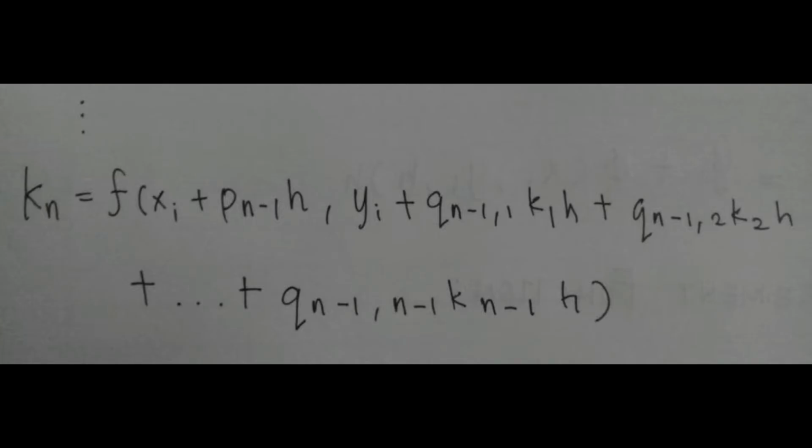Until the highest order of k, which is kn, equal to the function of x_i plus p_{n-1} times h and y_i plus q_{n-1,1} times k1 times h plus q_{n-1,2} times k2 times h plus until plus q_{n-1,n-1} times k_{n-1} times h.